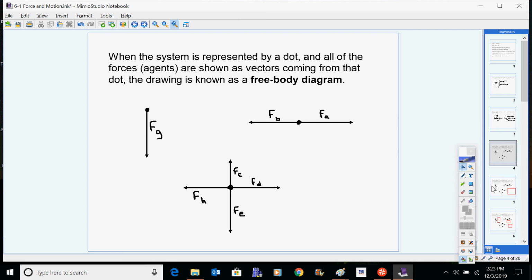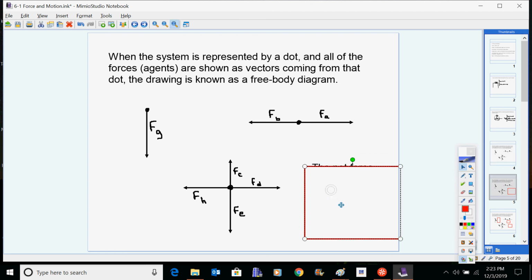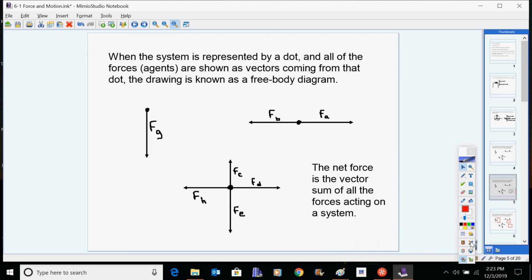Okay? So what we can do then is once you have these drawings, you can talk about the force that's the combination of all the forces acting on this particular object, which is represented by a dot. So the net force is the vector sum.